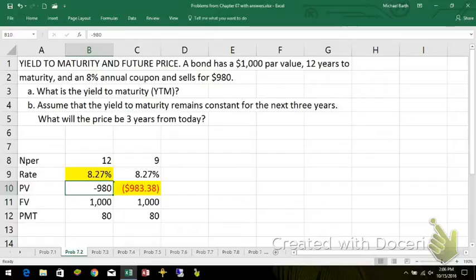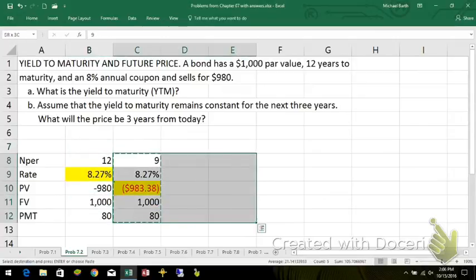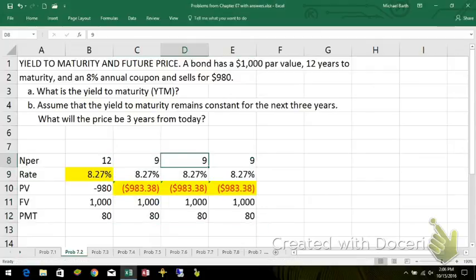The price of a discount bond increases every year as it approaches maturity. The day it matures, it'll be selling for $1,000. Okay, so discount bonds, if there's no change in interest rates, will naturally increase in price over time.